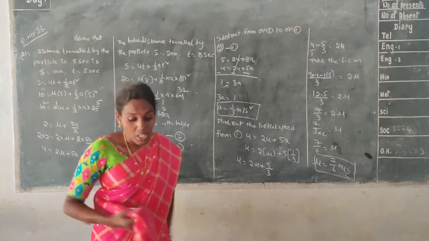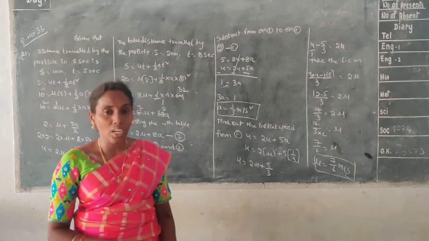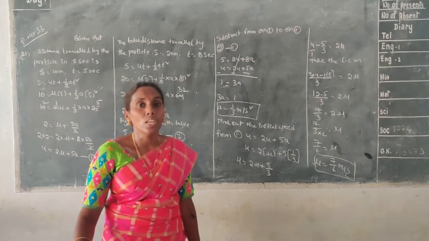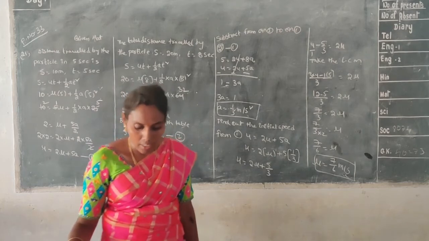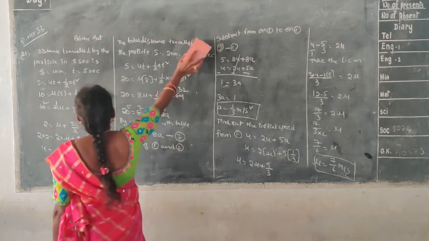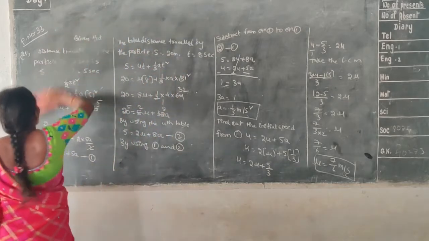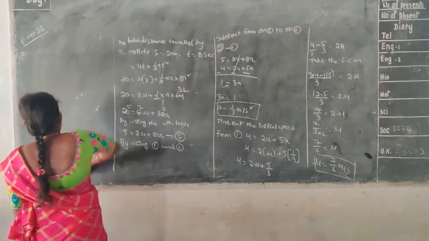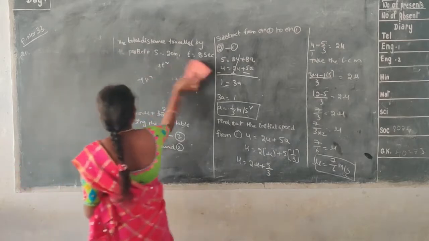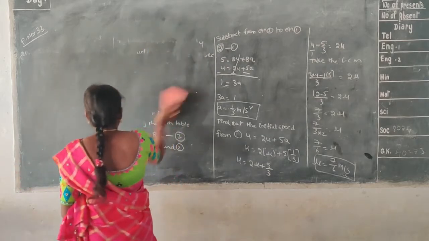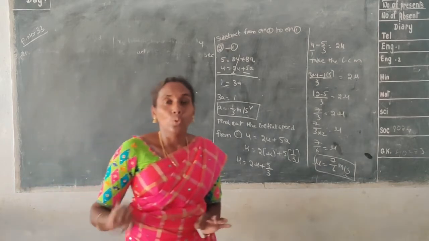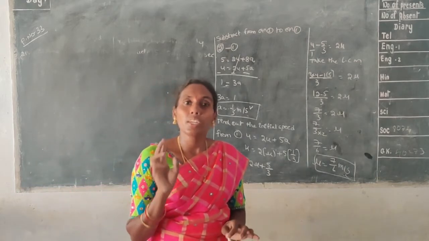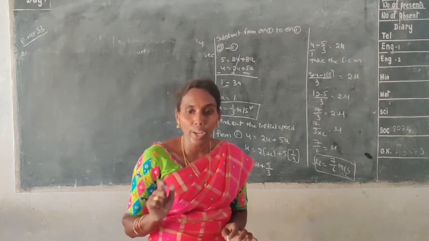And next, find out the distance covered in the next 2 seconds. The problem is not completed. Only 2 values can be identified, and the remaining third value is there.